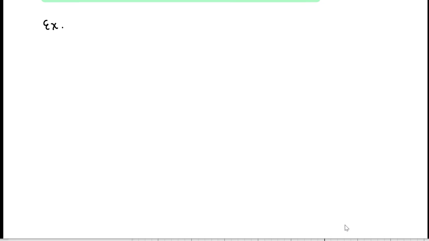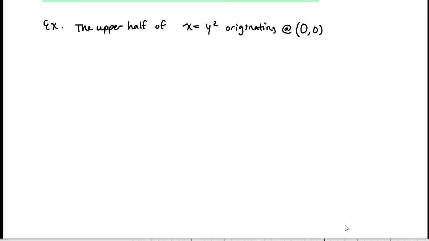Okay, let's go ahead and parameterize just an arbitrary curve. So let's parameterize the upper half of x equals y squared, originating at 0, 0. Okay, so the upper half of x equals y squared.